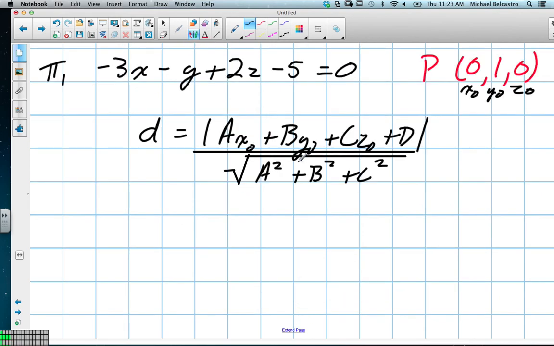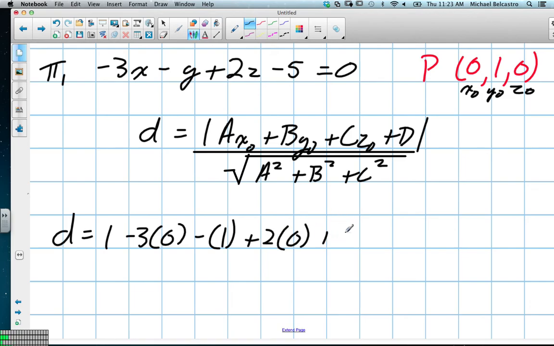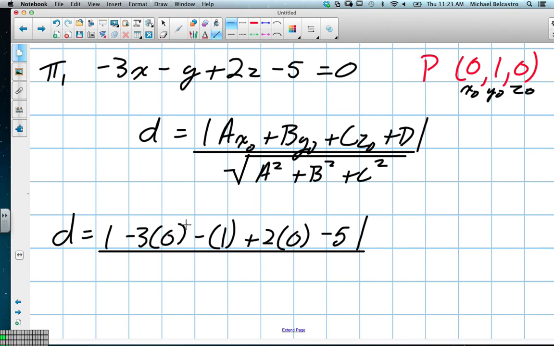Okay? And this is where it becomes strictly just calculations, very similar to our last example. So we have -3 times 0 minus 1, plus 2 times 0 plus -5, find the magnitude of that over the root of 3 squared.